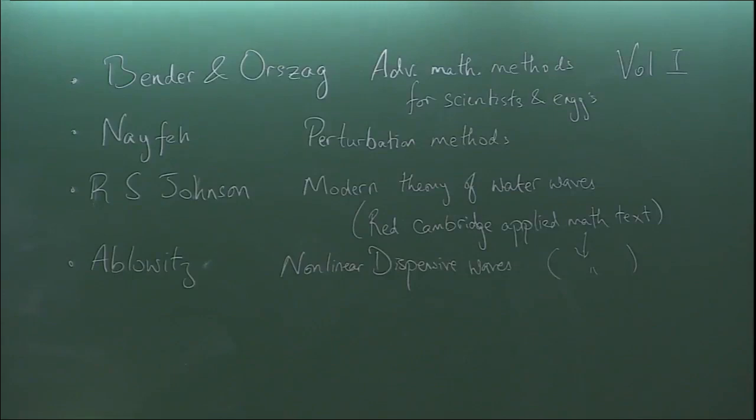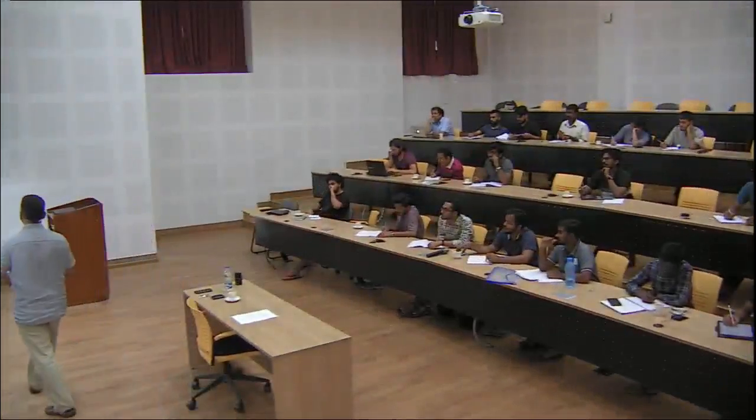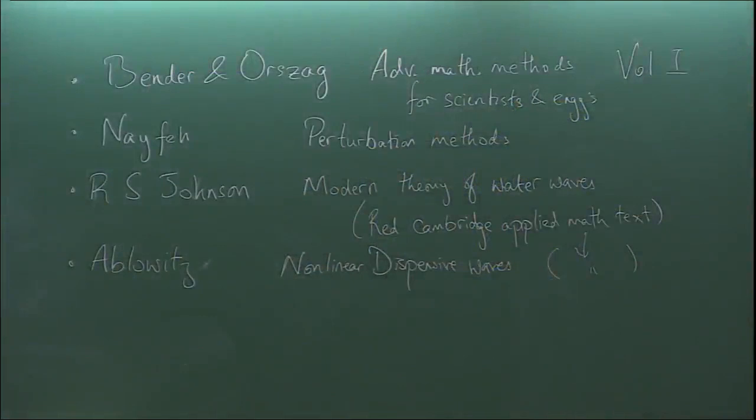So Ablowitz discusses water waves. He discusses problems arising in photonics, so optics, that kind of stuff. He's another expert in perturbation methods and how to really exploit perturbation methods to understand what's going on.